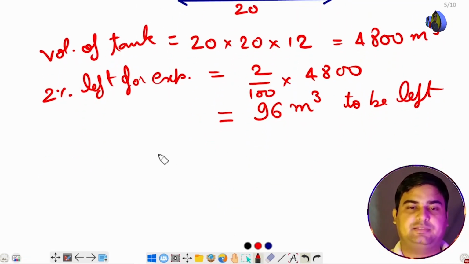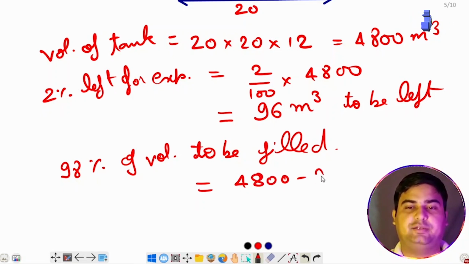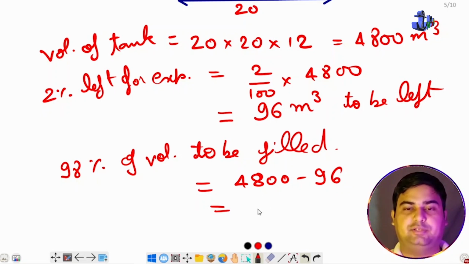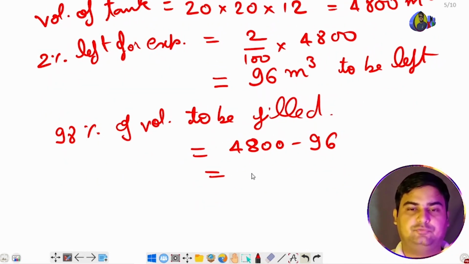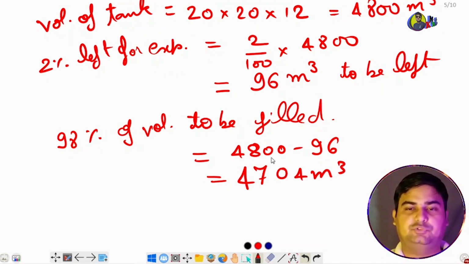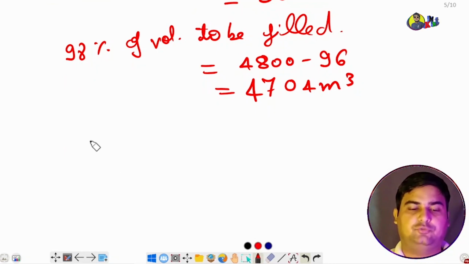So it means 98% of volume is to be filled. If you subtract 96 from 4800, you will get the volume you need to fill the oil, which is 4704 meter cube. We know the formula that density is equal to mass upon volume.